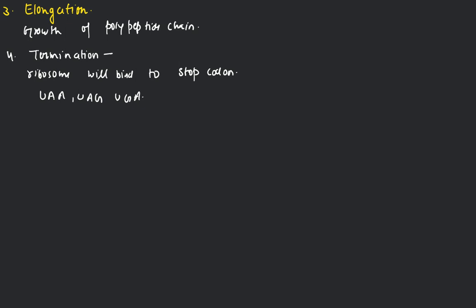Finally, during termination, the release factor recognizes the stop codon and the translational complex dissociates, meaning it separates, and the complete polypeptide chain is released. Like this, the process is recycled again and again.